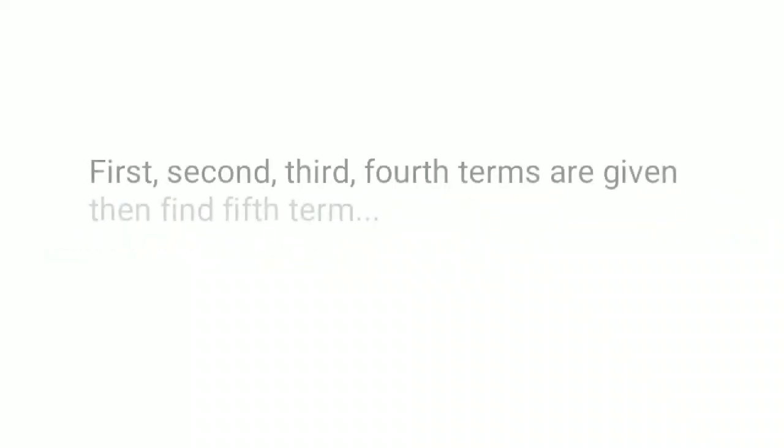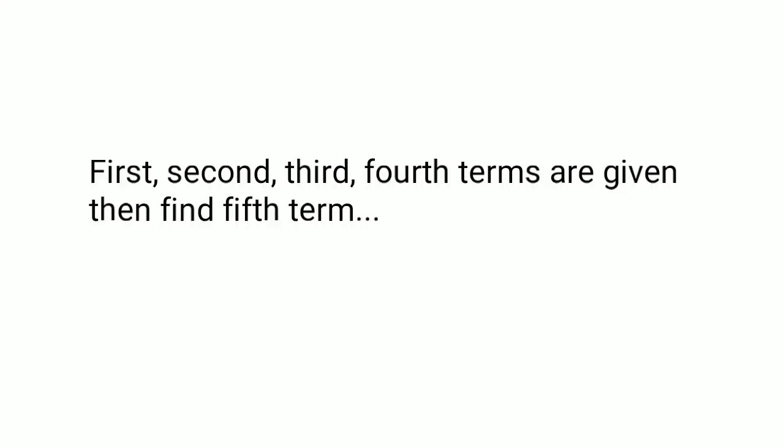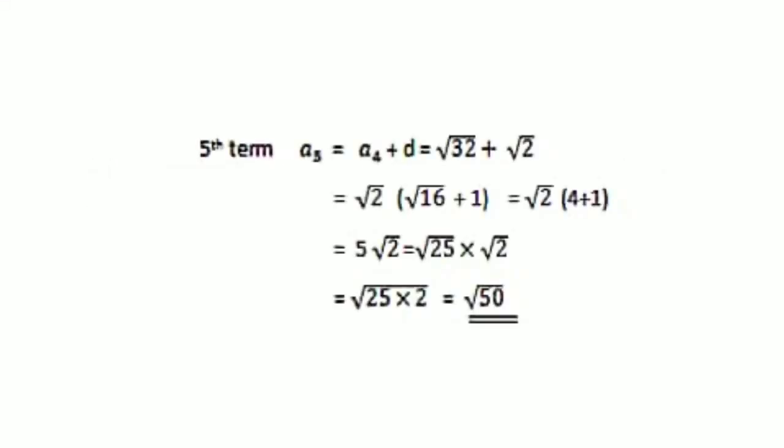Then the next 4 terms will be as follows. The first, second, third, fourth terms are given. Then find the fifth term. Fifth term, A5, is equal to A4 plus D. A1, A2, A3, A4 are given and the common difference D is root 2.